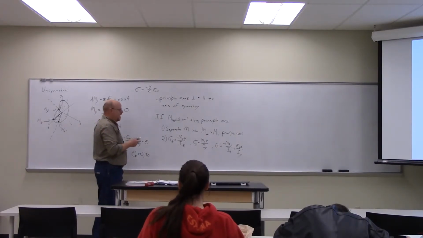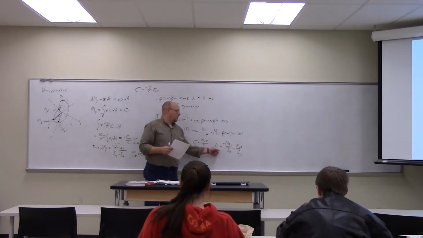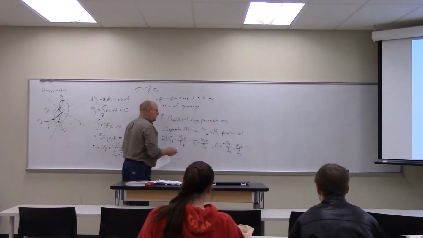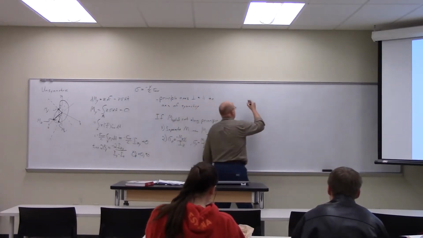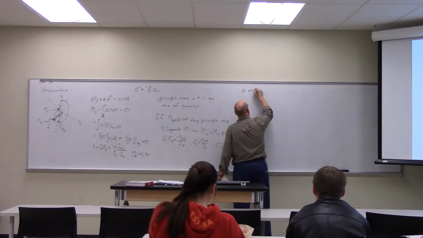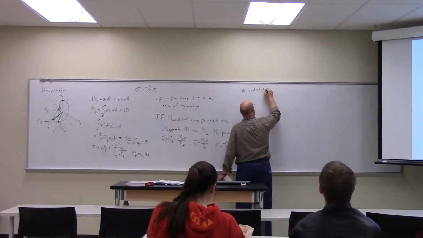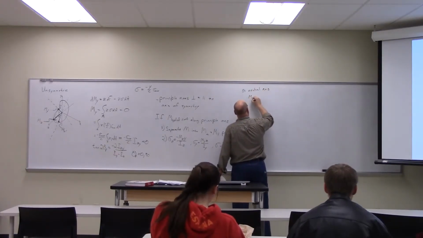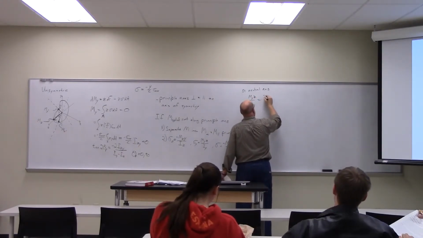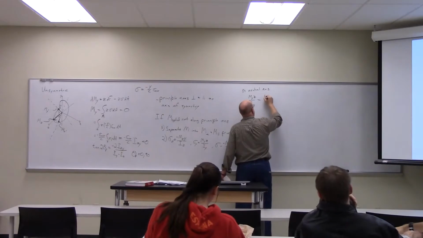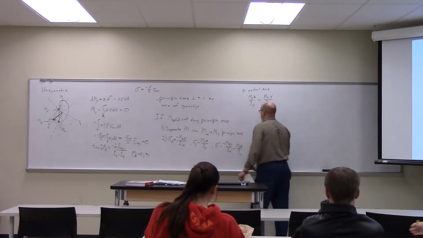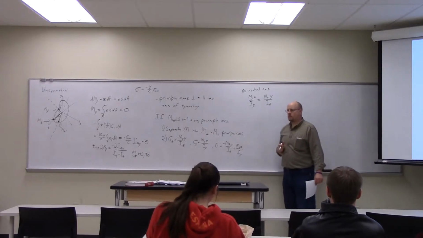Sure, okay. All right, so sigma is zero on the neutral axis. So we set this thing equal to zero, and we find out that on the neutral axis, M_y z over I_y is equal to M_z y over I_z.